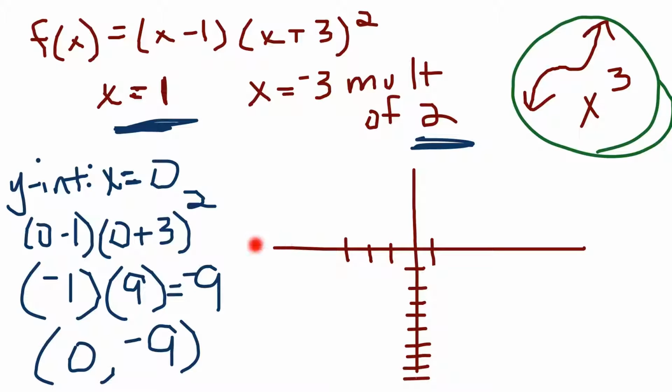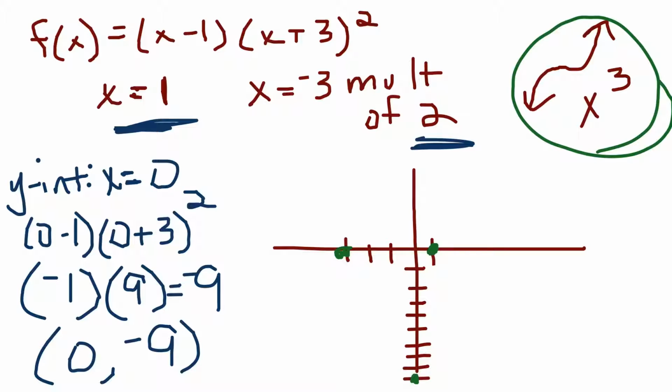When x is negative, it's going to shoot down, or go, I should say, in the negative direction. So I know I have a 0 at negative 3, so let me put my point here. It has a multiplicity of 2, so it's going to hit it. And then I have a 0 at 1, and it has a multiplicity of 1, which is odd, so it's going to go through it. It's going to hit the y-axis right there at that negative 9.